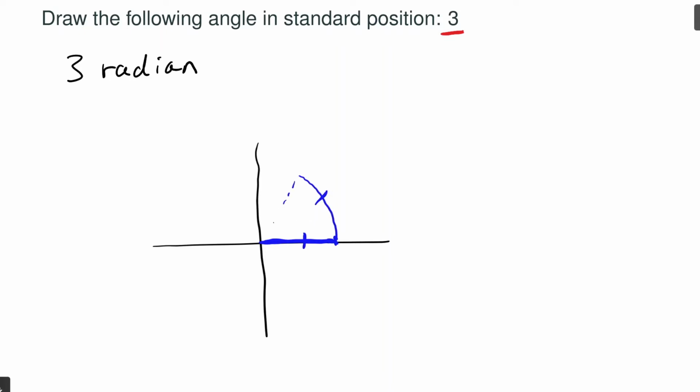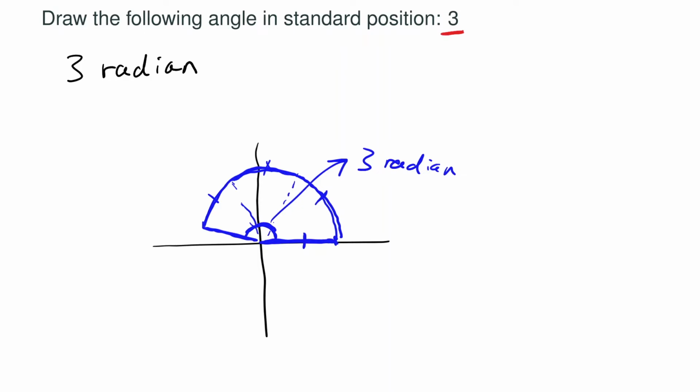There's 1 radian, 2 radian, right here. 3 radian will be somewhere here. So this angle right here is 3 radian. So we can say this arc length is created by angle 3.